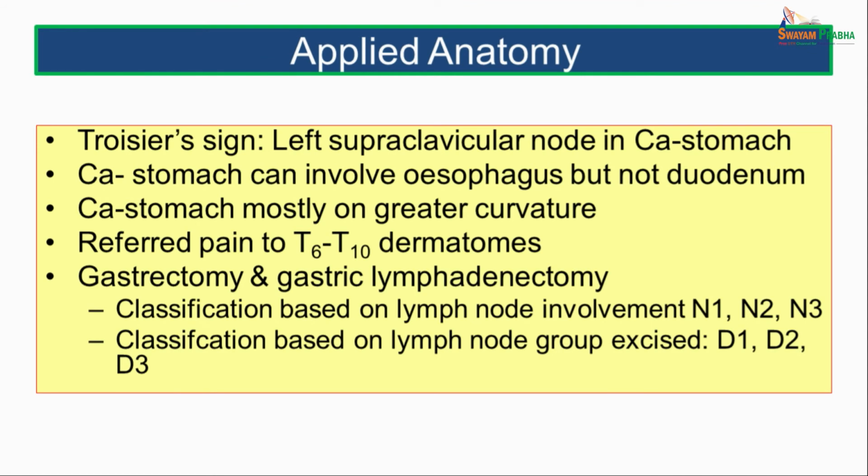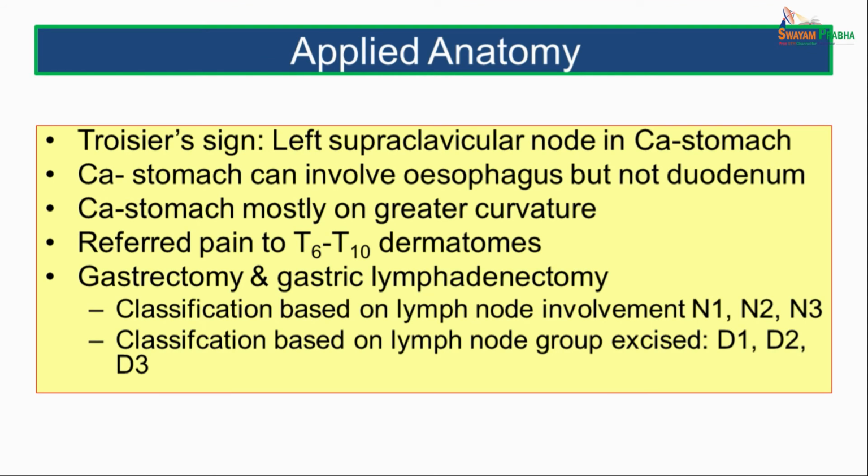In the N2 variety, the regional lymph nodes draining the entire tumor area are enlarged, whereas in the N3 variety, all the neighboring lymph nodes of the upper abdominal cavity are enlarged and infiltrated. So, 3 varieties of classification based on the lymph node involvement.